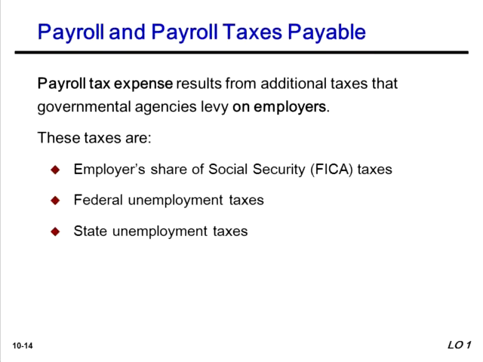Now, the employer also pays taxes, payroll taxes, so the employer has to pay FICA as well. The amount of FICA that the employer pays for the employee is equal to what the employee pays.